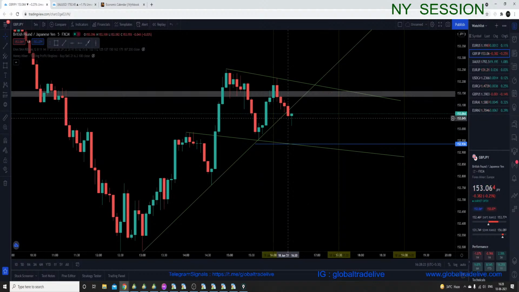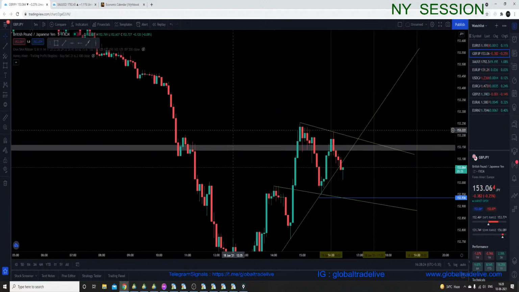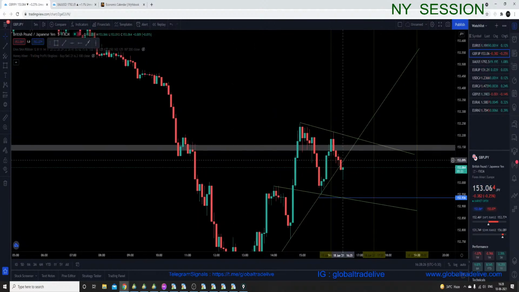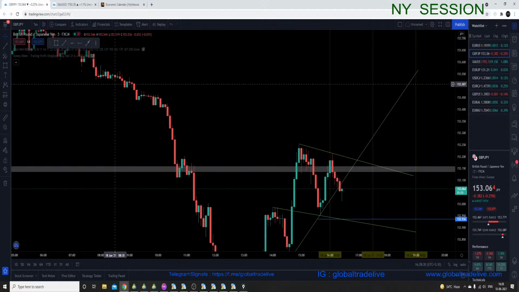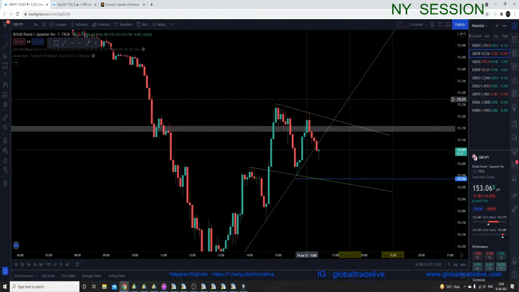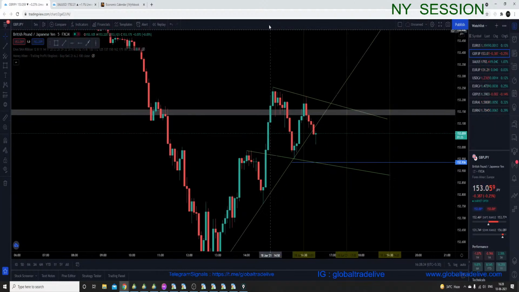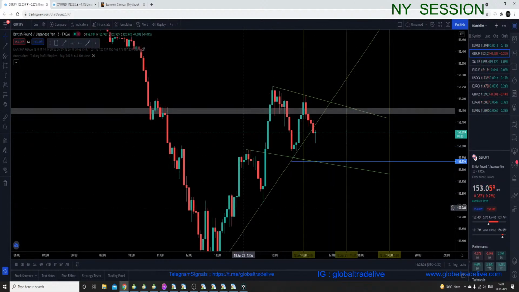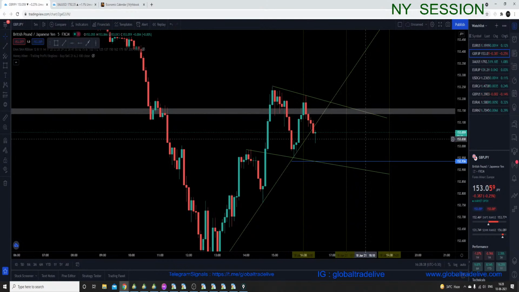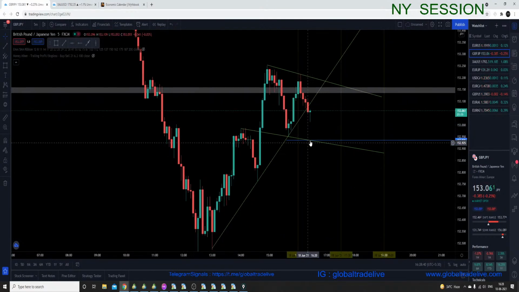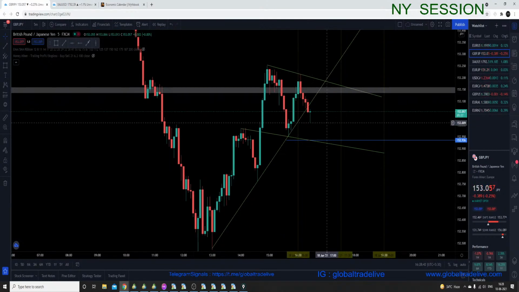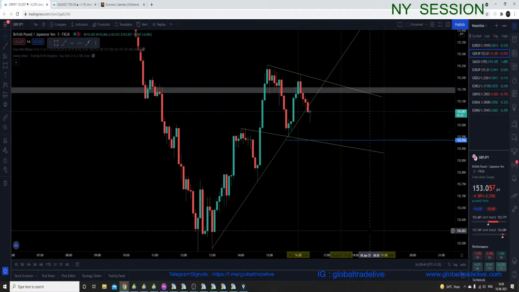We now know that if GJ starts to break above this area over here, then we have this whole clean range to the upside to trade, right? After that we will be trading buy, but right now it was going up, now it's sideways, and soon it will be tapping this area, creating another resistance, and then it will be going down.